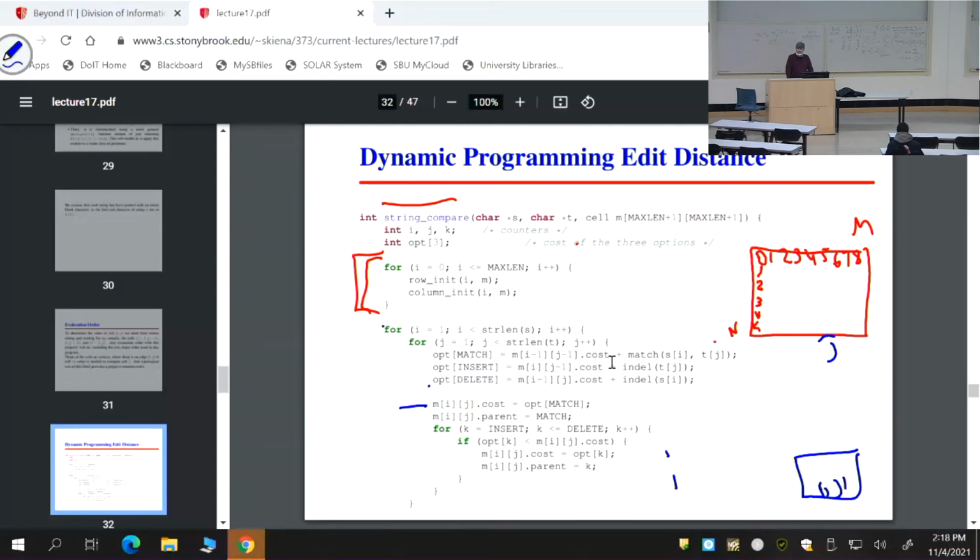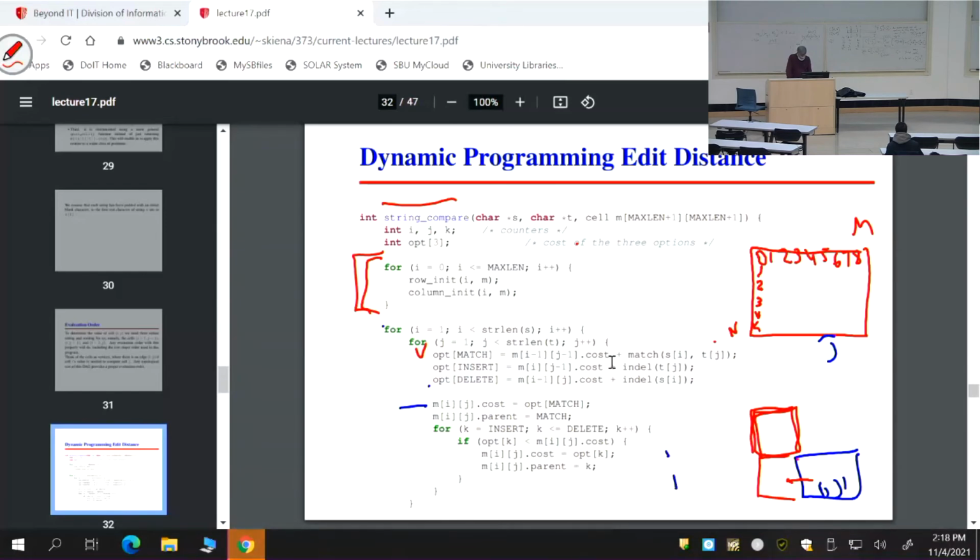Yeah? I minus 1, j minus 1, which happens to be here if I am correct. Wait, i minus 1, j minus 1 is up here. I lowered i and I lowered j also. This is the one. This cell here is what corresponds to a match.